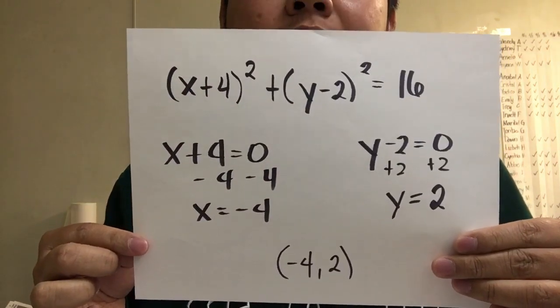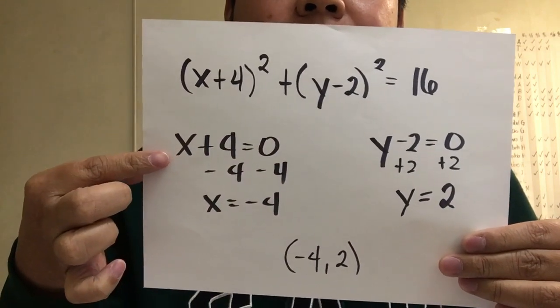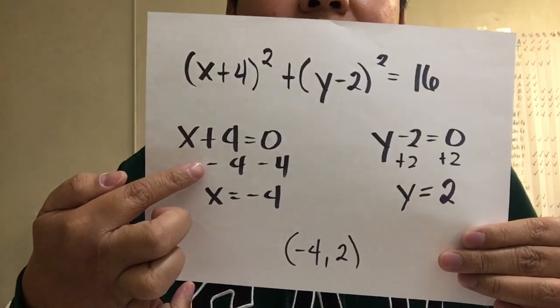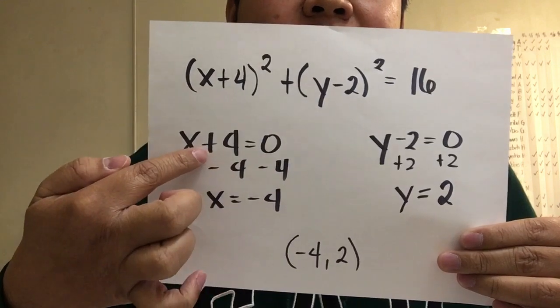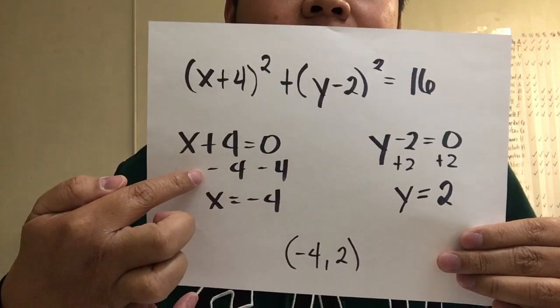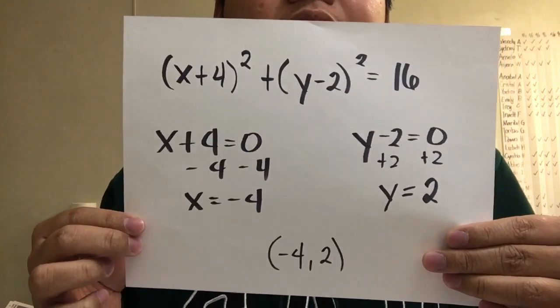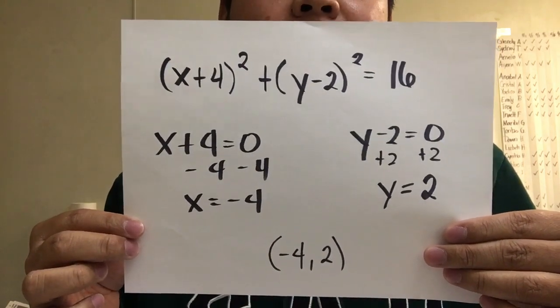What will we do when we have this equation and we're solving for our x? We get the opposite, so we subtract 4 on both sides. Again, look at this, that's add. So opposite of add is subtract. So our x is equals to -4. To solve for y, we do the same thing.